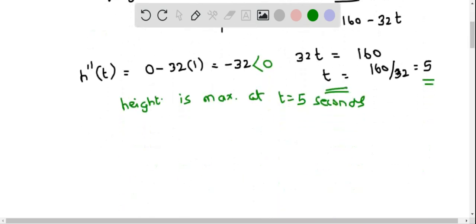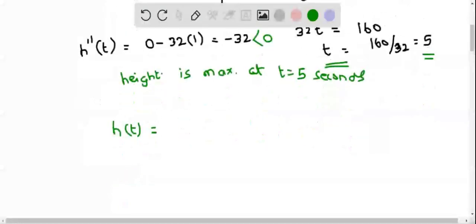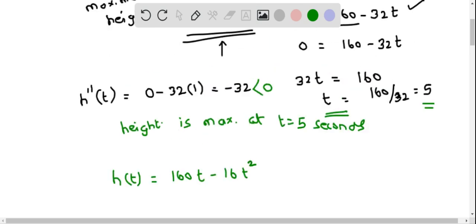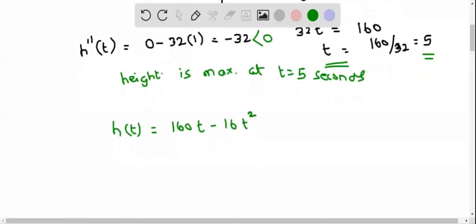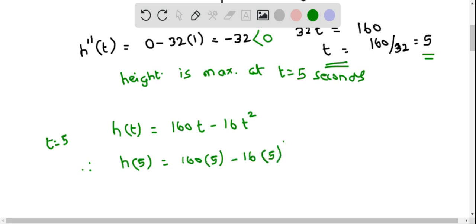So let's do that. We have h of t equals 160t minus 16t squared. So let's plug in t equals 5 into this height function. Therefore we get h of 5 equals 160 times 5 minus 16 times 5 squared.